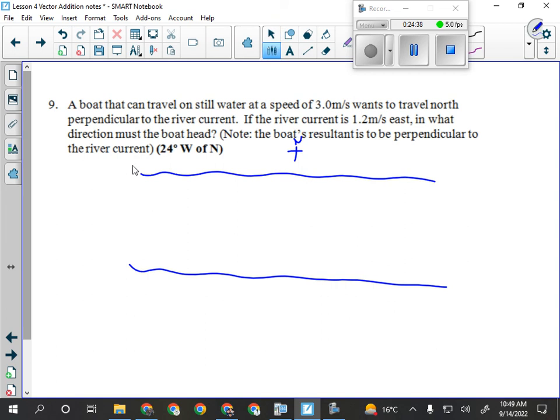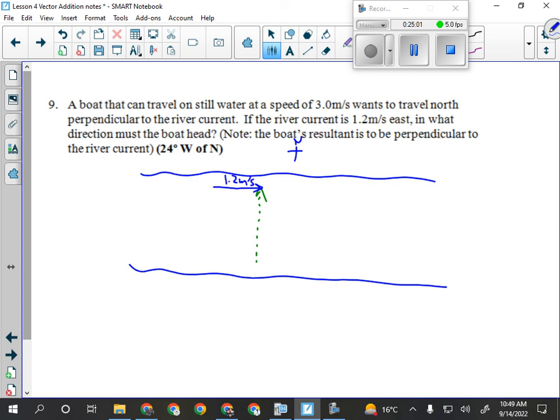So that means its resultant needs to go like this. That's what I'm aiming to get. Now it tells me the current is 1.2 meters per second east. Well, if the current is 1.2 meters per second east, the current must go like this.